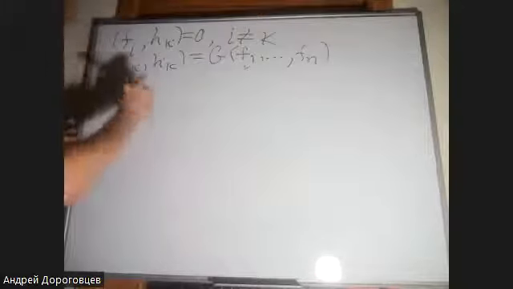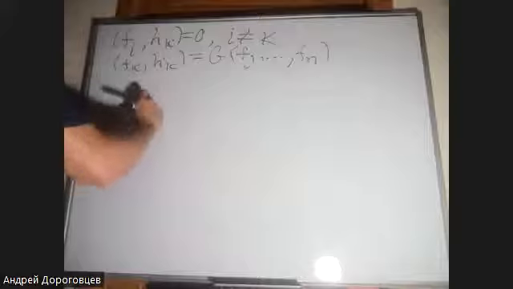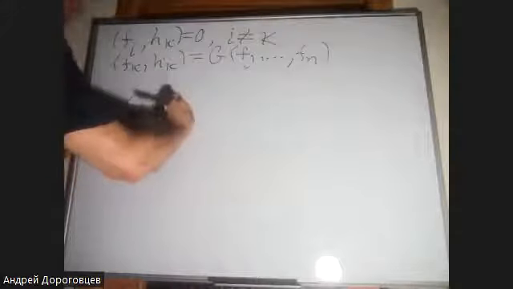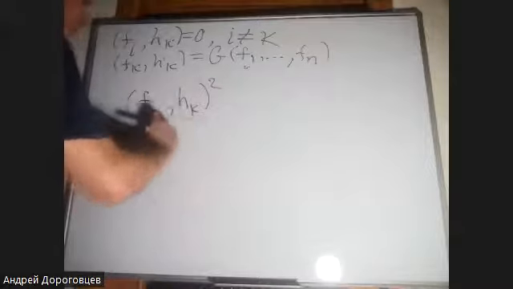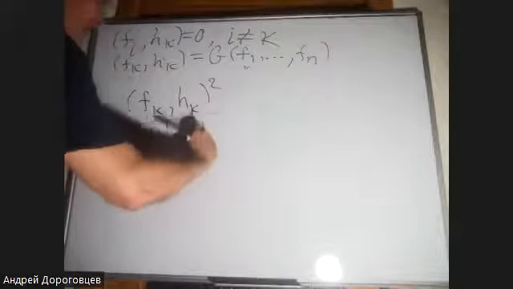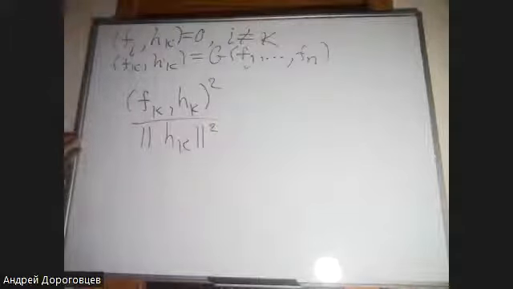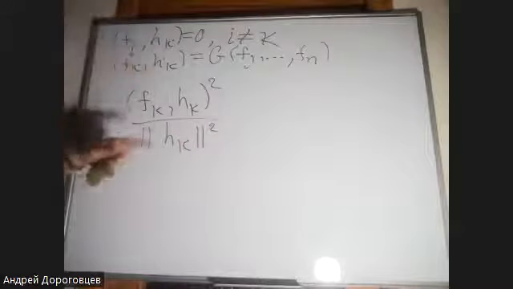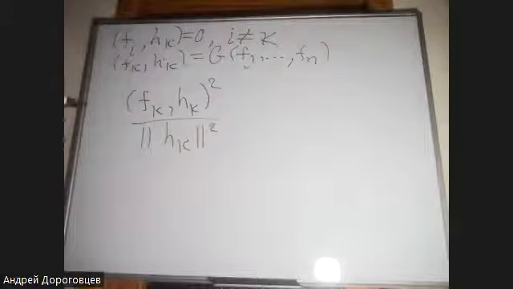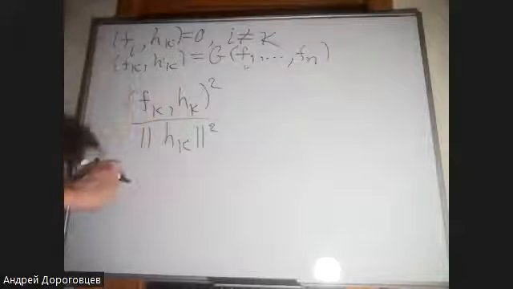Let us find a square: (fk, hk) squared divided by the norm of hk squared. This will be the square of the length of the orthogonal component of fk to the linear span of other vectors. And we know already what this is.